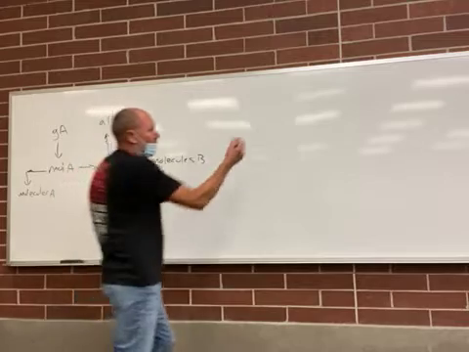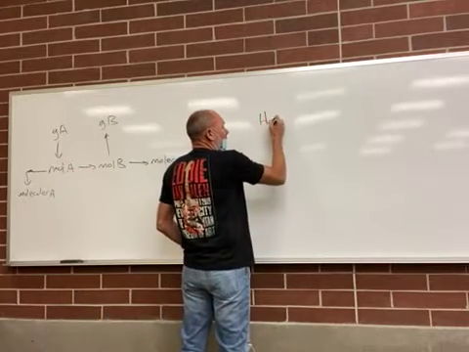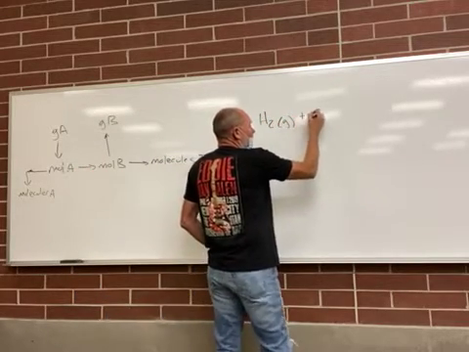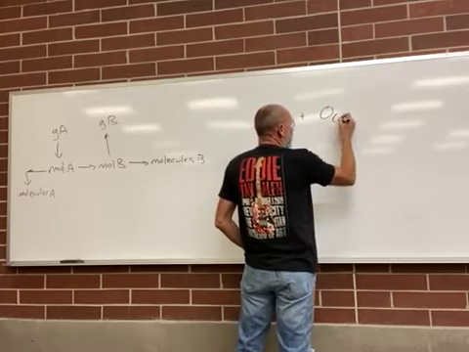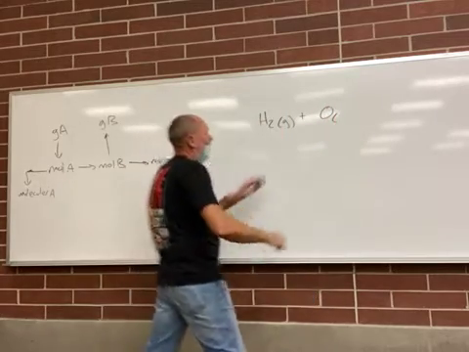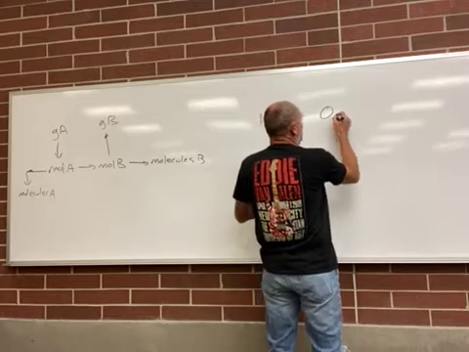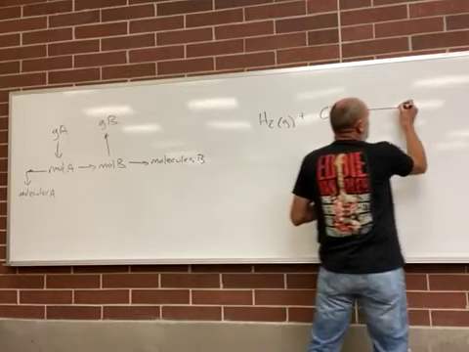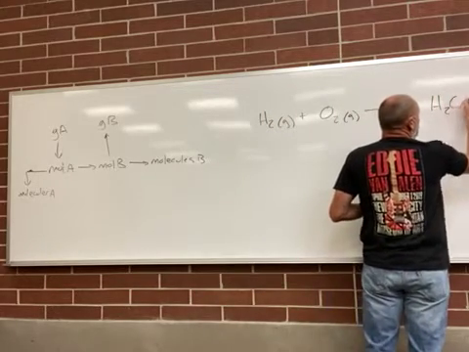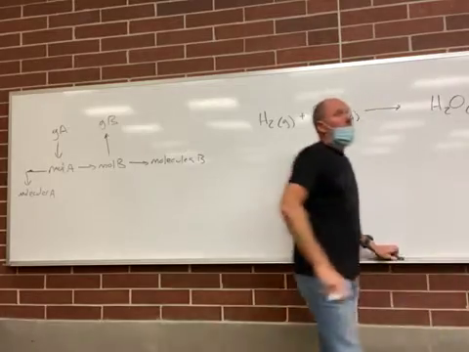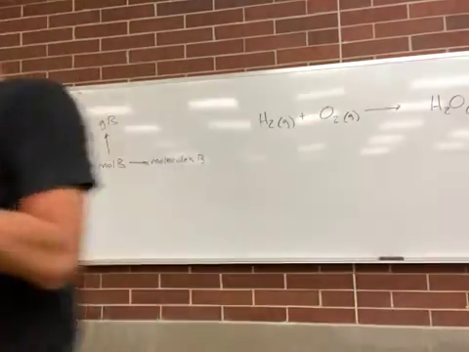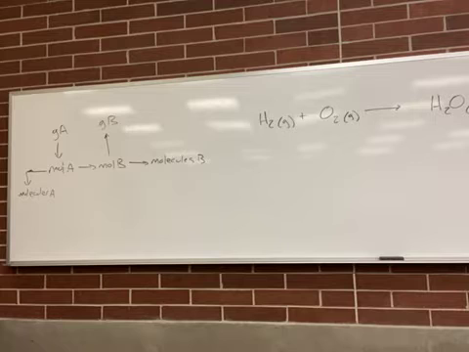So we left off with this simple equation where we take hydrogen gas plus oxygen gas, and we go to water. The very first thing I have to do, both on the exam and in the worksheet today, is balance the chemical equation.